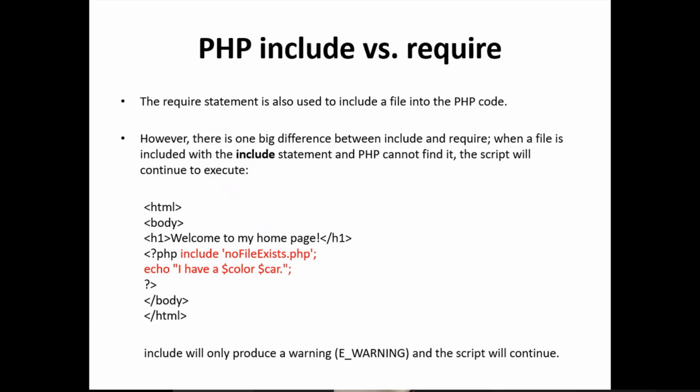We'll be checking this out in future content. So include will only produce a warning, E_WARNING, and the script will continue. There will be no errors. The program will execute, but it will give you a warning that PHP is not able to find that particular file. What is the name of the file? No file exists.php.